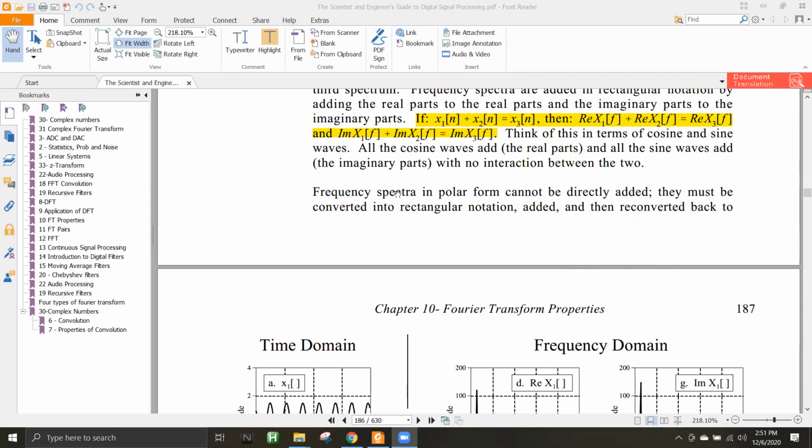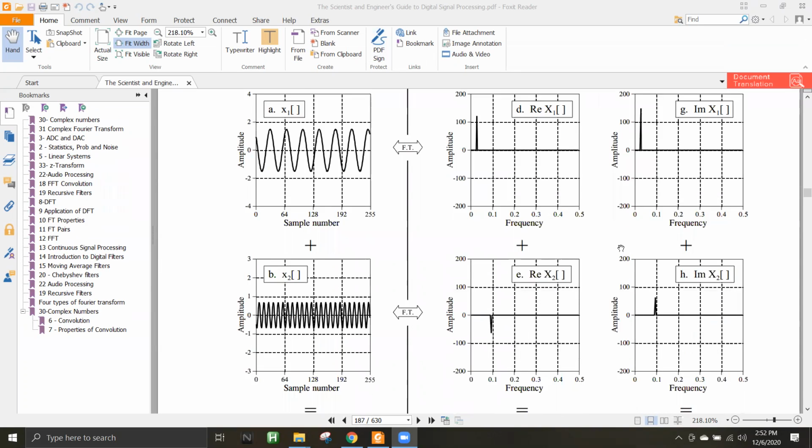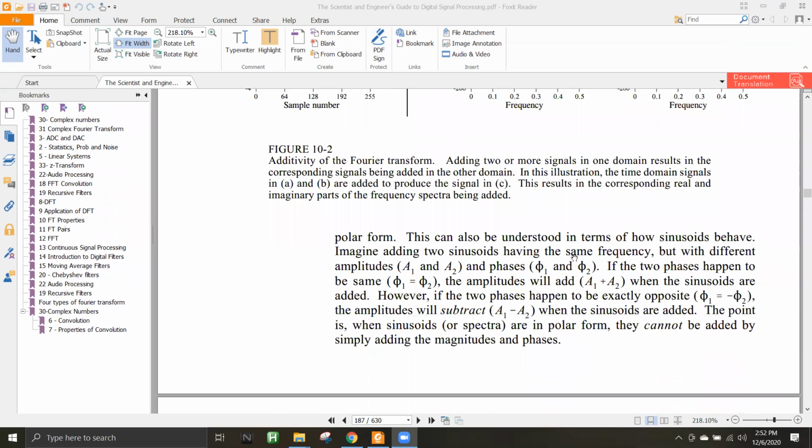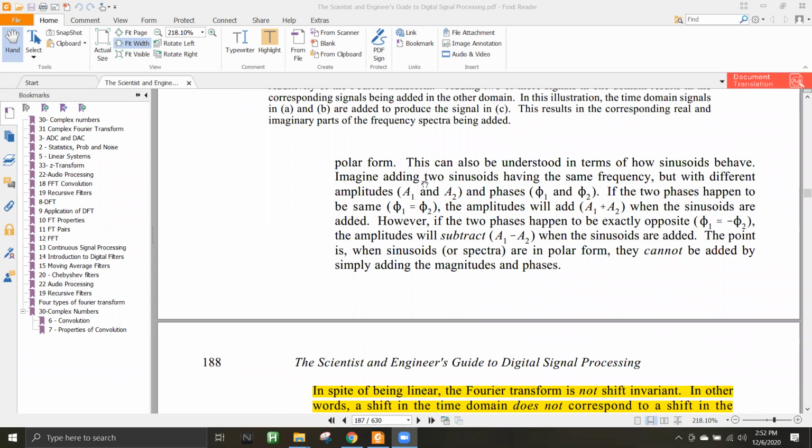In the rectangular form, it is easy to see that you can just add the corresponding real parts and imaginary parts. But in the polar form, the spectra cannot be directly added. They must be converted to the rectangular notation, added, and then reconverted back using the formulas that we already know. This is a bit difficult to add due to some other reasons that are discussed here.